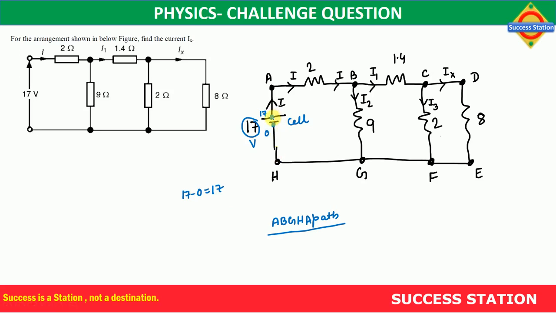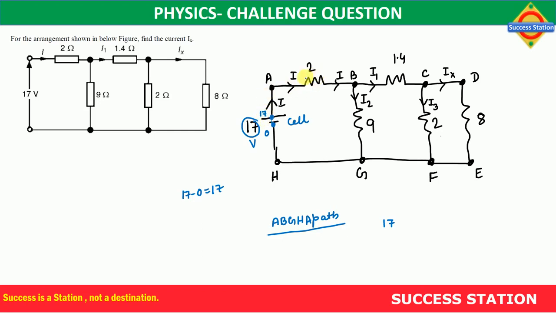Now I start from 17. While covering this whole path, the potential over here should become 0. This cell was giving 17 joule of energy. You can say potential difference is energy only, the potential energy being given was 17 joule.